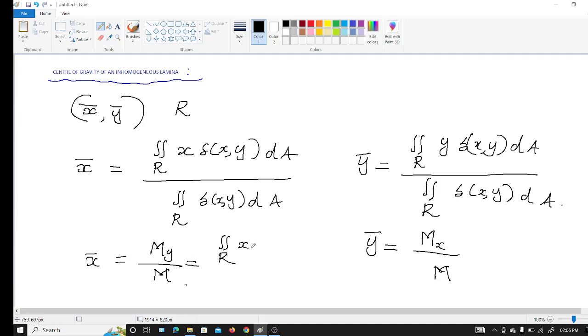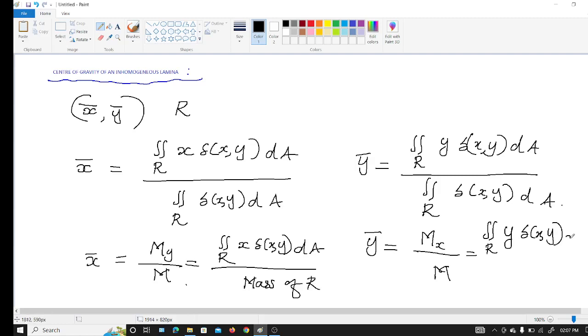and this is the same as double integral over R x into delta xy dA divided by the mass of the region R. Similarly, we have y bar equal to Mx by M, and that is equal to double integral over R y into delta xy dA divided by the mass of the region R. Now, using this formula, we can find the center of gravity of an inhomogeneous lamina.